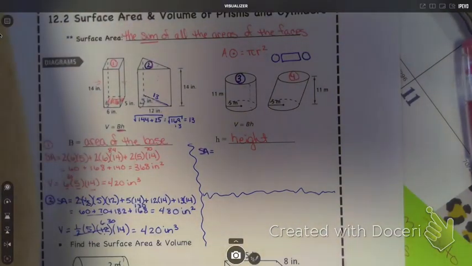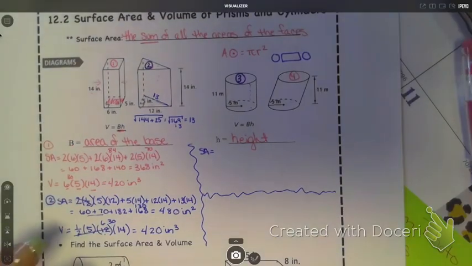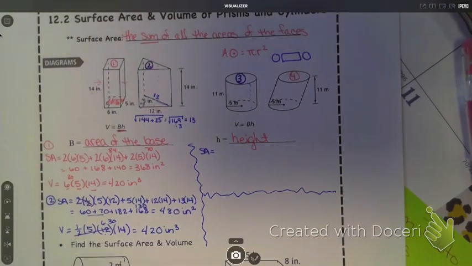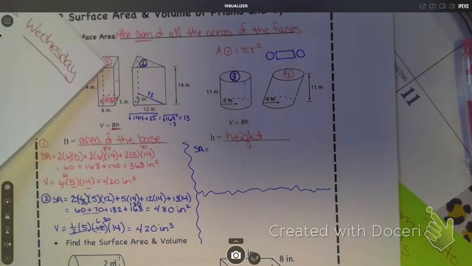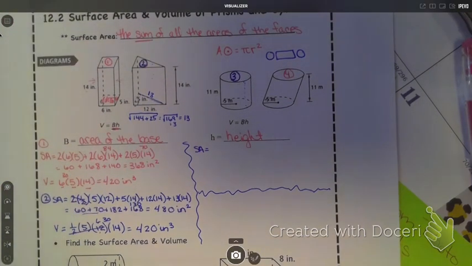Let me get another piece of paper. I want to make it small enough it can fit under my camera. Okay, so this would be my rectangle.